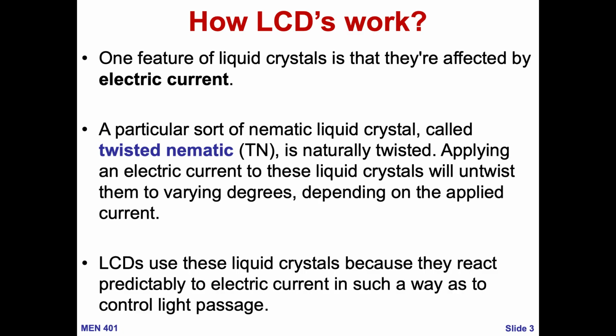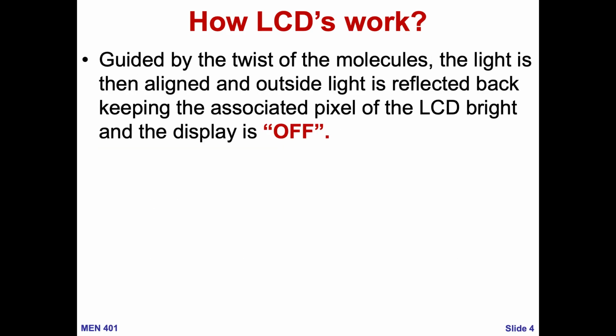So this idea comes from the fact that these liquid crystals behave differently with different amounts of electric current. If they are twisted, so there is no current, the light is aligned and outside light is reflected back.